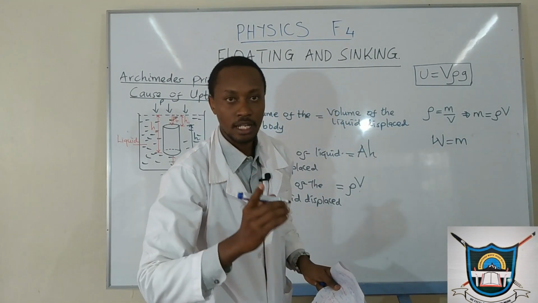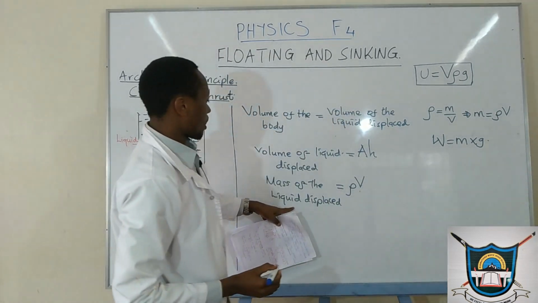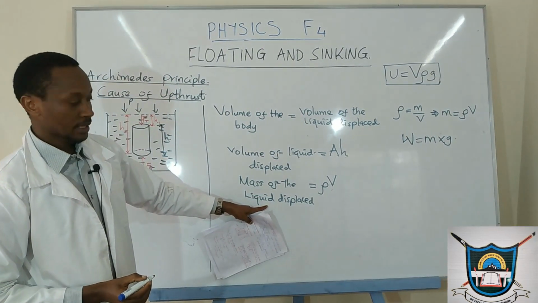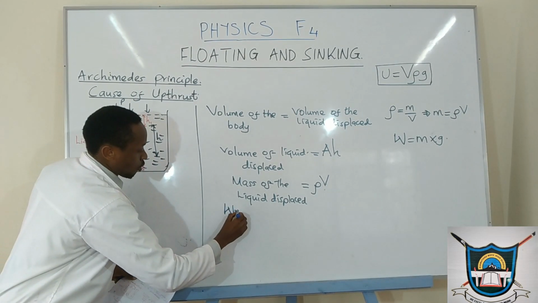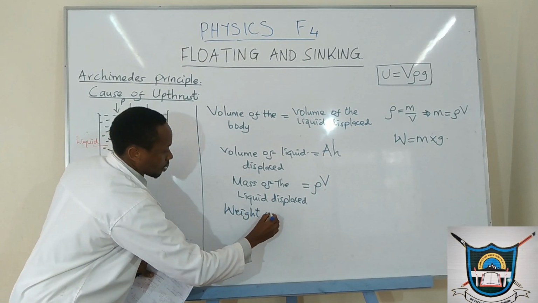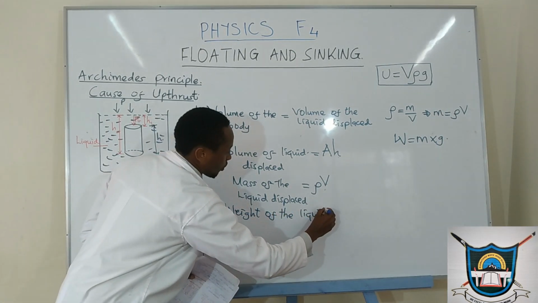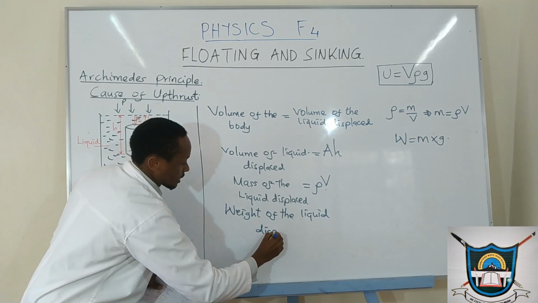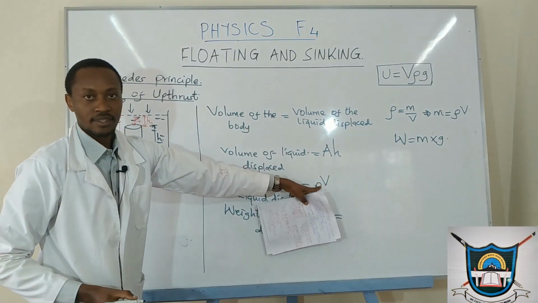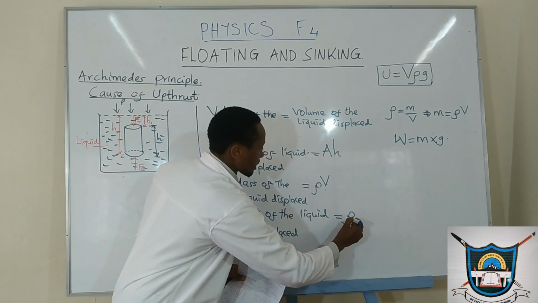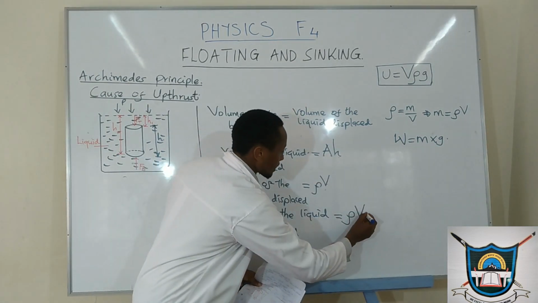Times the gravity. So mass times G. So here we have the mass of the liquid displaced. What will be the weight of the liquid displaced? It will therefore be the mass, this is our mass, density, volume, times G.